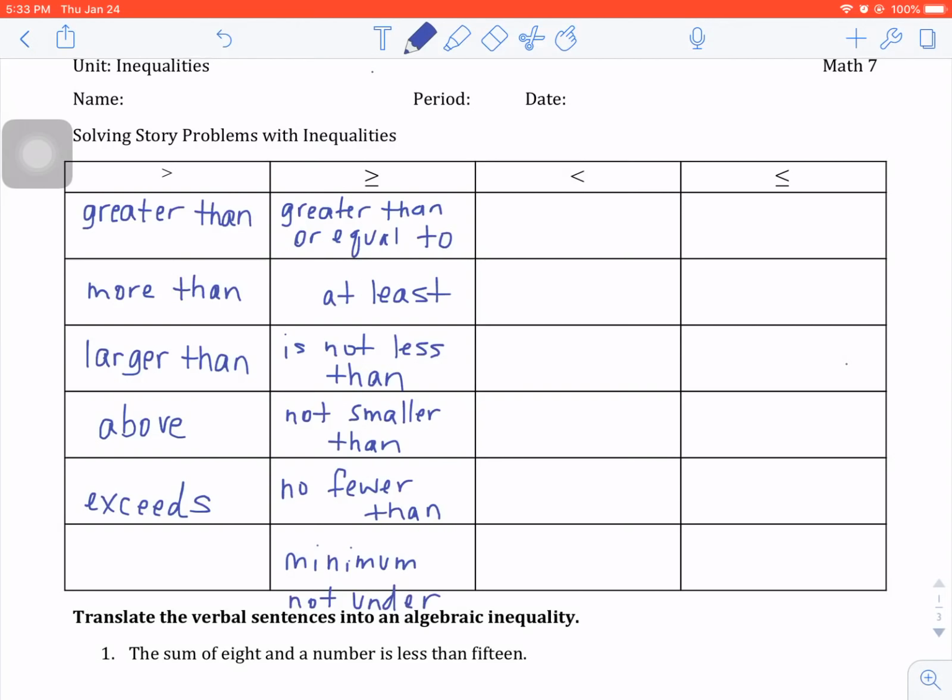So our next inequality sign is less than. And you might see it expressed as smaller than. Below would be another term for less than.